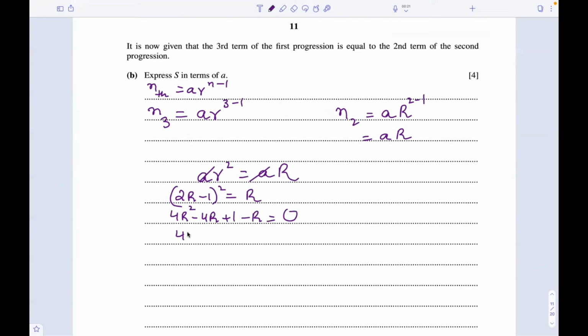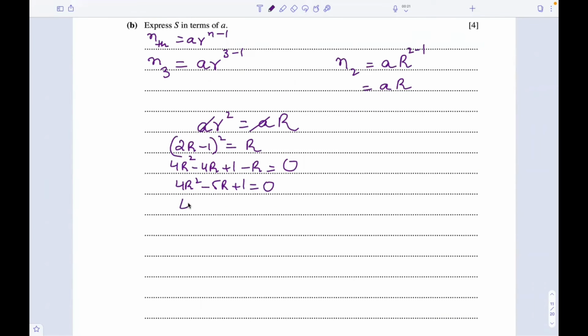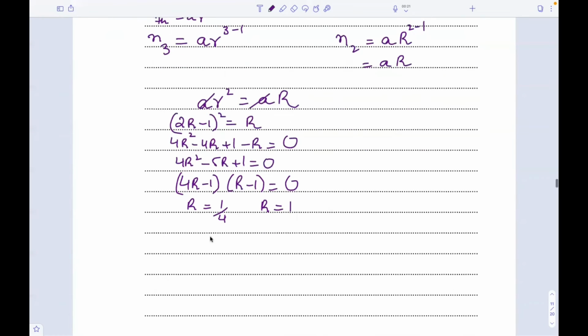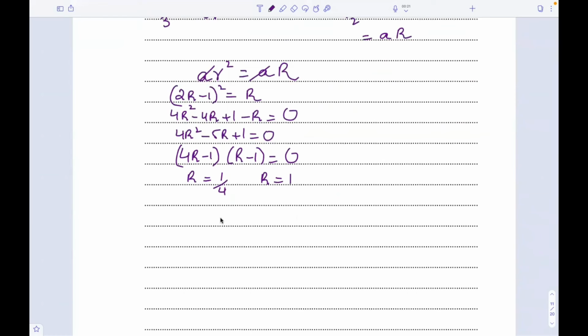So this is 4R squared minus 5R plus 1 is equal to 0. Factorizing, we get 4R minus 1 and R minus 1 is equal to 0. So we have R is equal to 1 upon 4 and R is equal to 1. As R cannot be equal to 1, since then there would be no progression and it would remain as it is, we take R is equal to 1 upon 4.